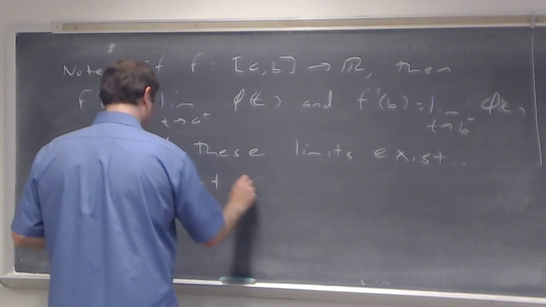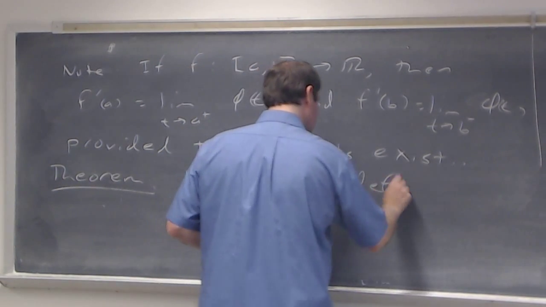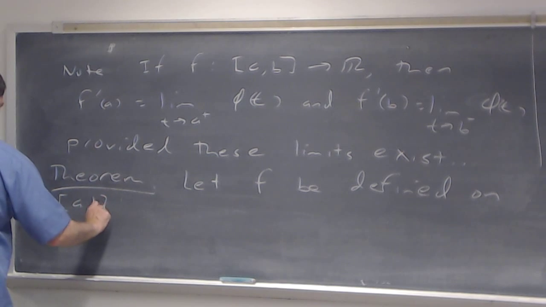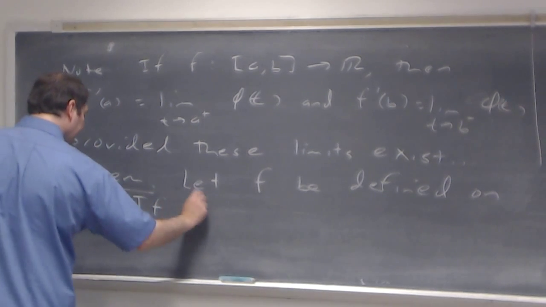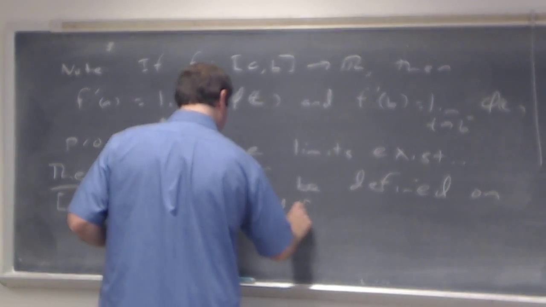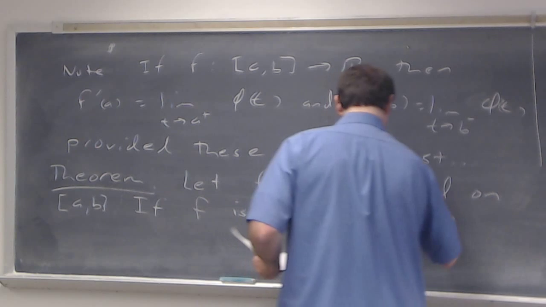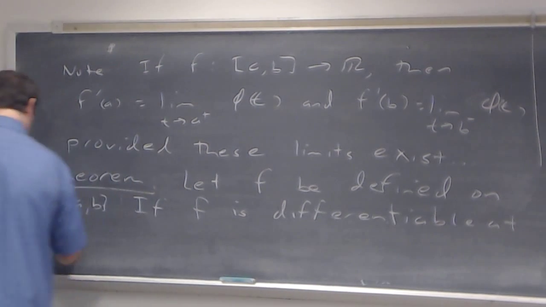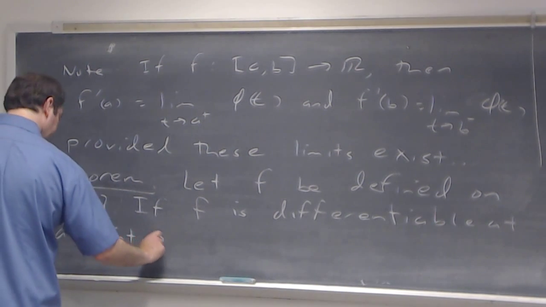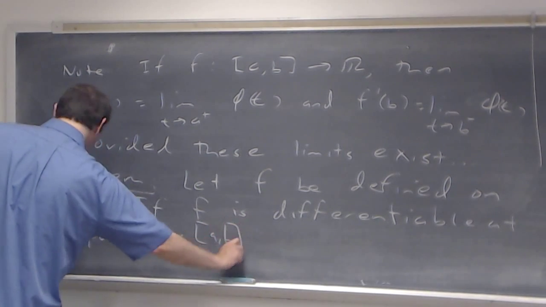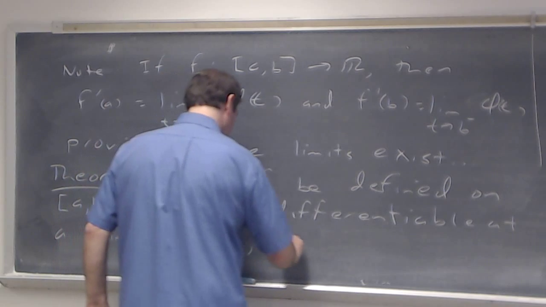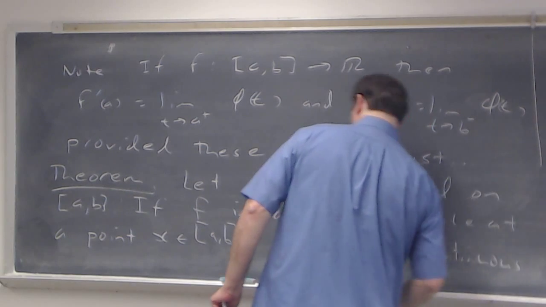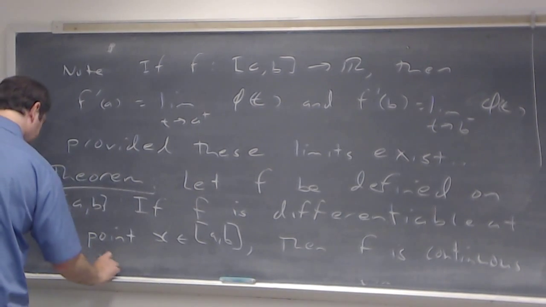It says let f be defined on A to B. If f is differentiable at the point x element of A to B, then f is continuous at x.